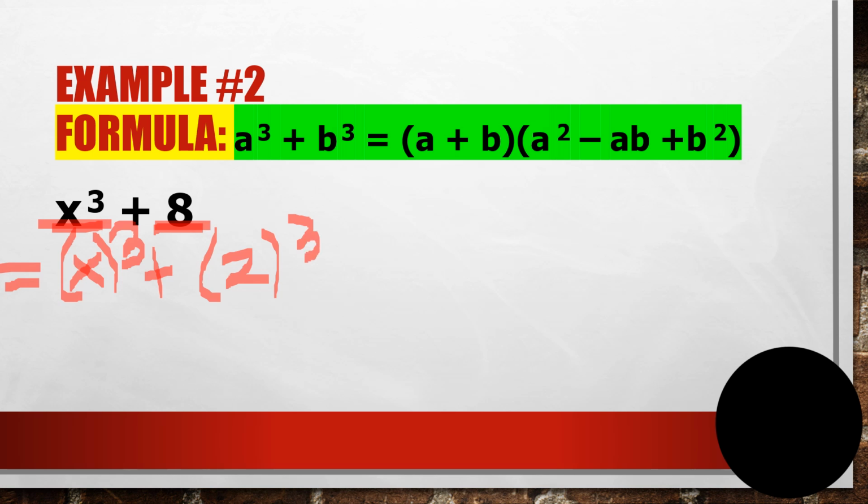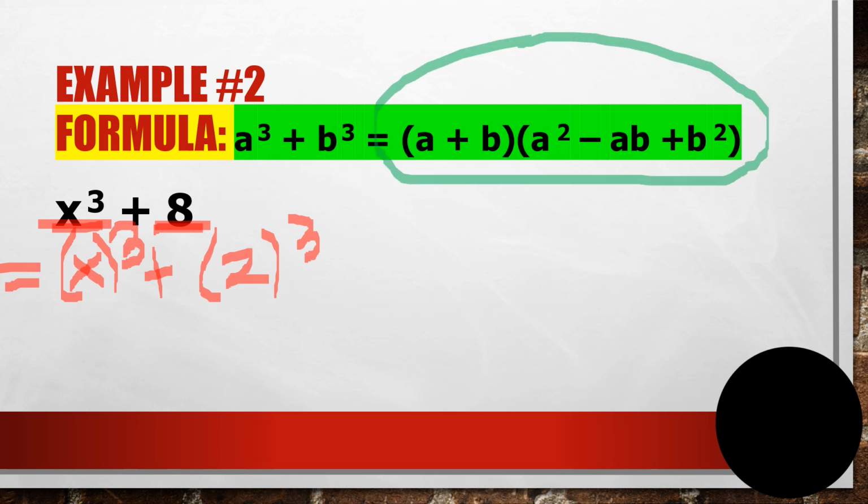After that one, we can now apply the rule. Alright, put equals, so A plus B. This is now our A and our B.